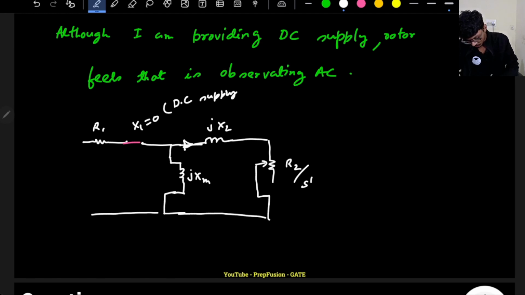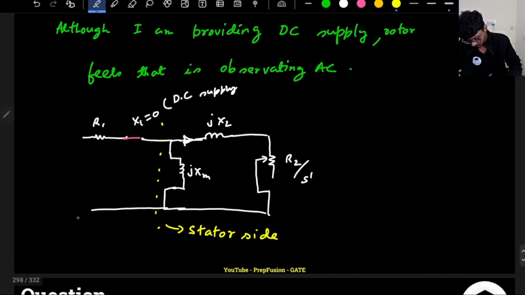Okay, so this portion is the stator side, and this portion is the rotor side.